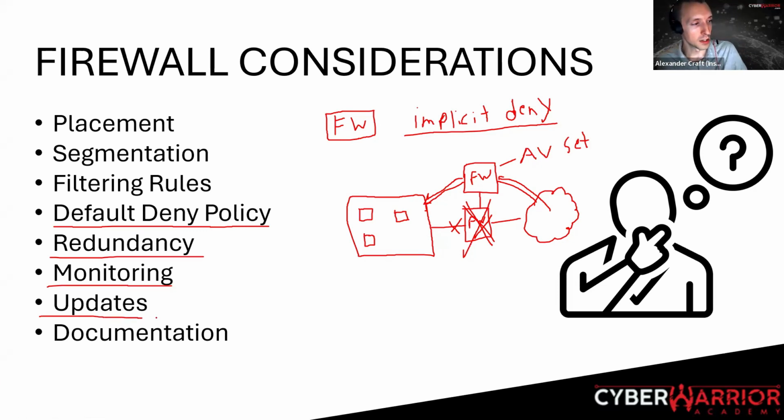And then you have updates. Firewalls have software just like any other network device does, or basically any device on any kind of network does, that needs to be updated. And some of these updates can happen automatically if you'd like them to, but most people opt to do them manually on their own schedule.